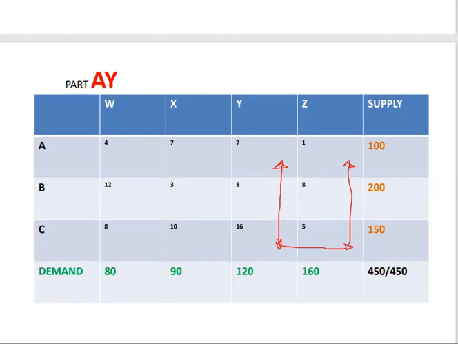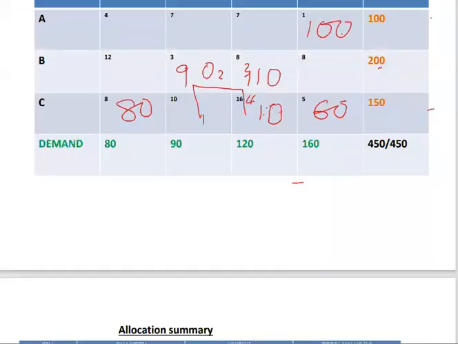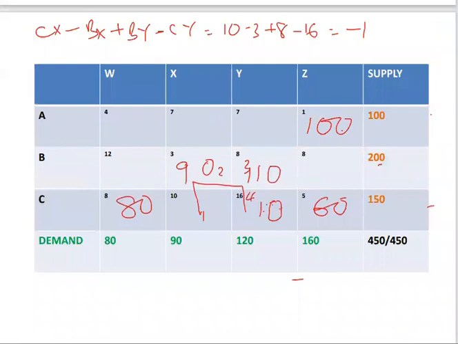Are you with me? Yeah, I'm here. All right. Let's go to our initial table and look at all these paths: AY, CY, CZ, AZ. Abi? Yes. Now, look at AY.